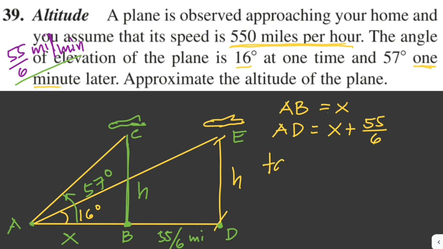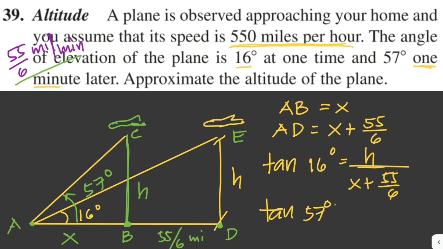So that will be tangent 16 degrees is equal to the opposite side, h over adjacent, which is x plus 55 over 6. And then the other one is tangent of 57 degrees equals h over x, distance from point A to point B. And now we can solve for h.